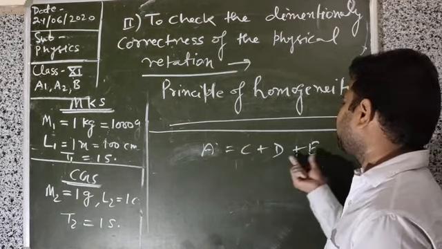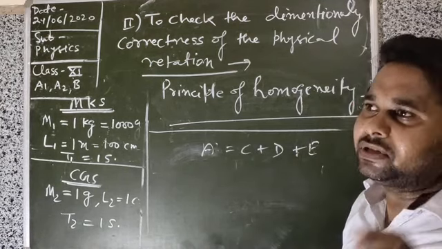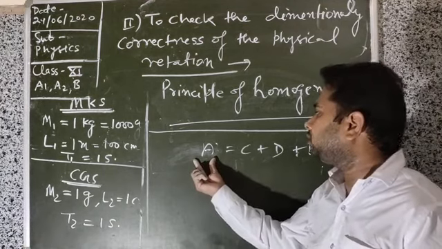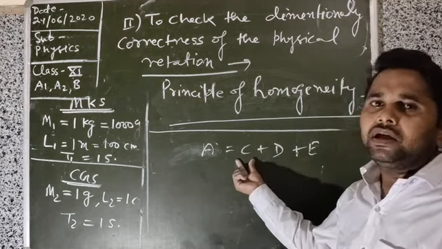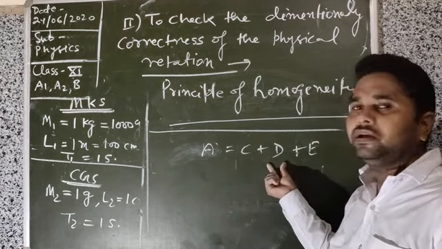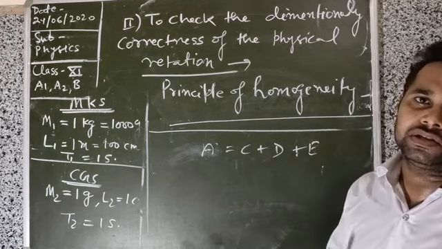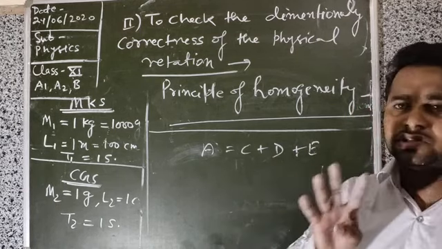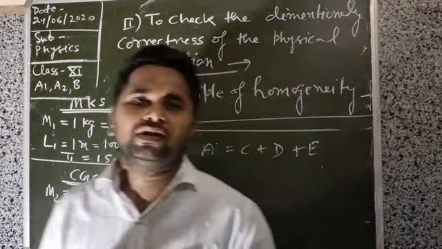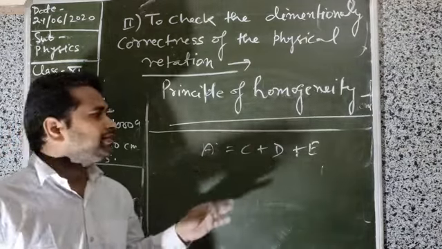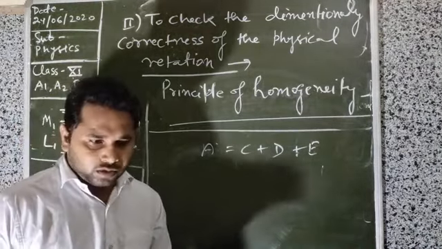Then if it is dimensionally correct, the dimensional formula of A equals the dimensional formula of C equals the dimensional formula of D equals the dimensional formula of E. That means all the terms on both sides, finally we have 4 terms A, C, D, E, will have the same dimensional formula if it is dimensionally correct. So this is the principle of homogeneity.